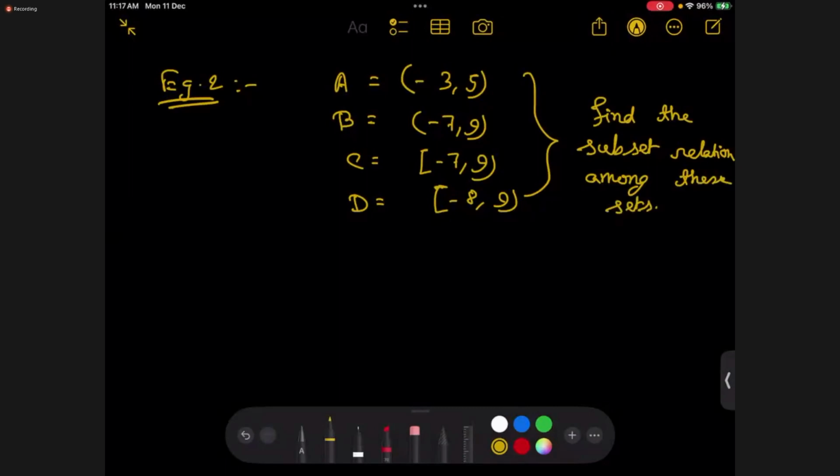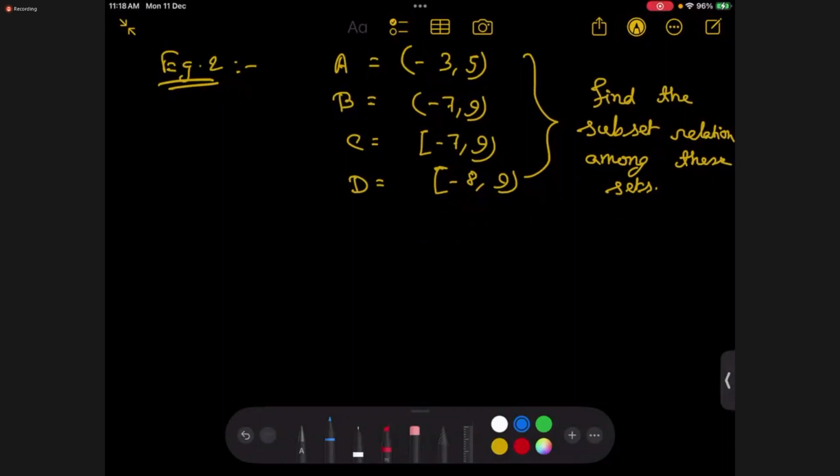We are given four sets, and we need to find the subset relation among them. It can happen that C may be a subset of D or B may be a subset of C, this kind of thing. So we need to check which condition is true, which one is a subset of which one. So let's start from A.